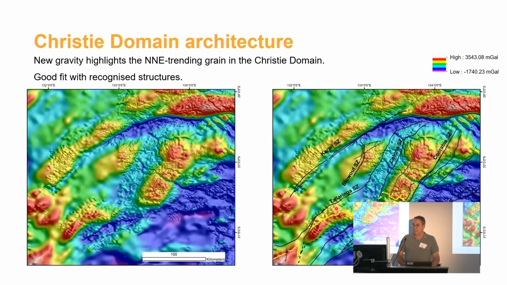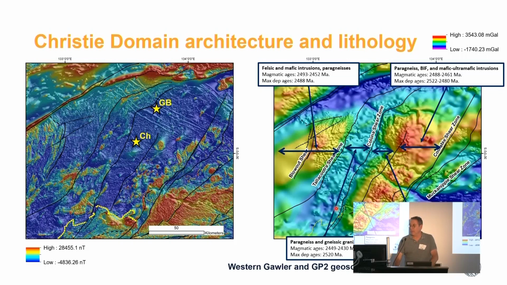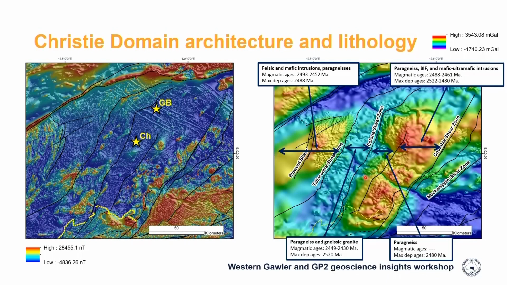But we can actually see a lot more. If you go into this gravity high here, which has been mentioned a few times, you can see that the west side is quite a strong gradient. You can see that the top's reasonably uniform, but then you drop off. When you look at this, there's a structure here which I've mapped based on the edge of these units.